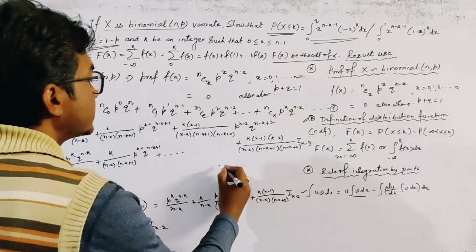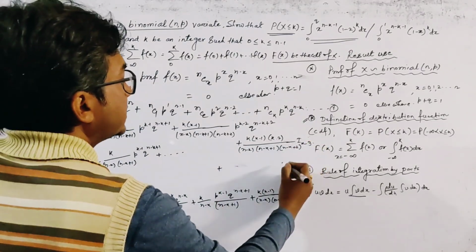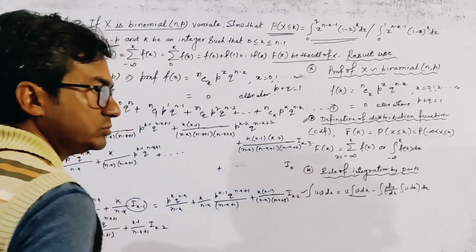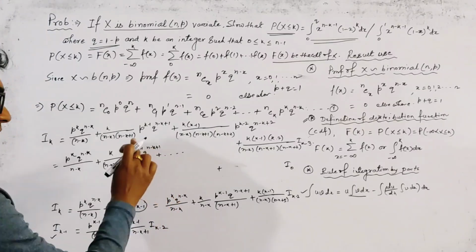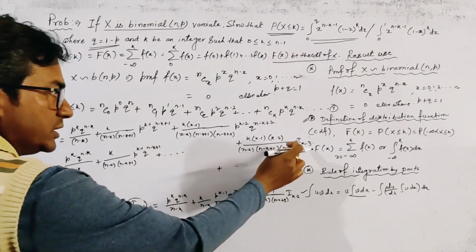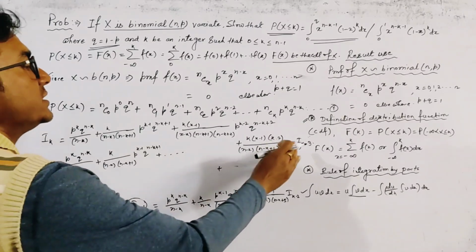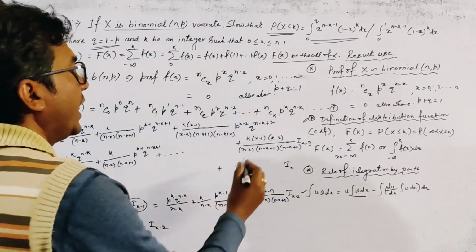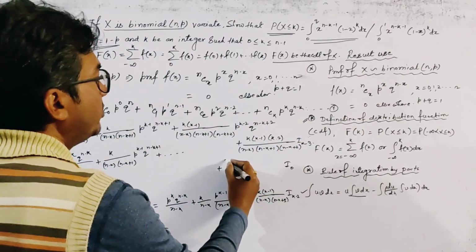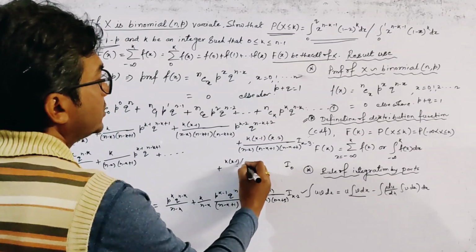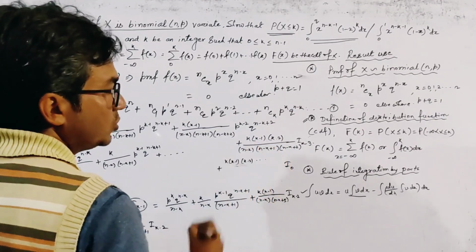The last term is given by, if we take this term be I_0, because in each step the suffix of I decreases by 1, then it is ultimately I_0. And then the numerator is obviously k into (k minus 1) into (k minus 2) and so on.